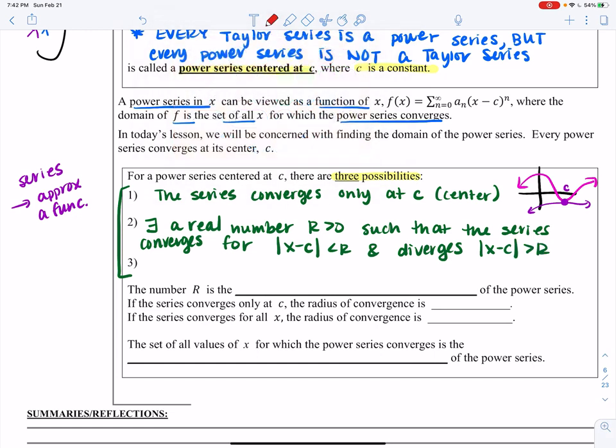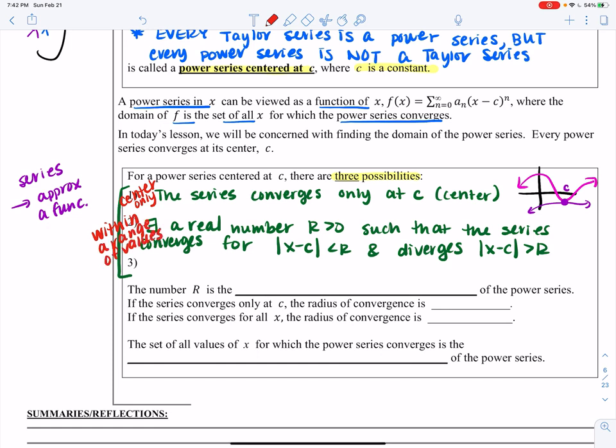So basically, option 1 is saying center only. Option 2 is saying within a range of values.